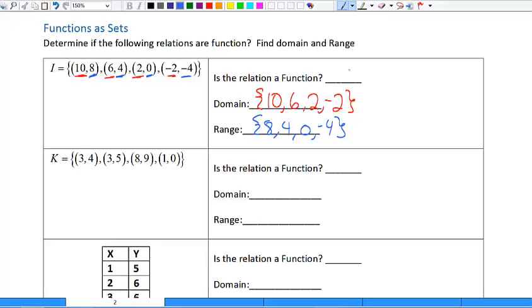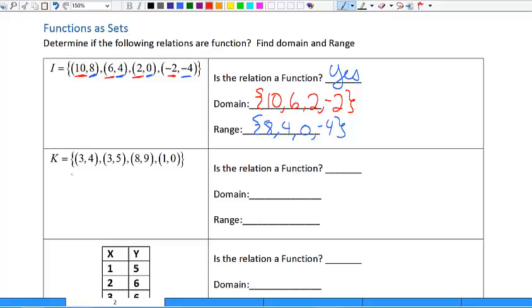And then to answer the question, is this relation a function? I have to decide, are any of the red x values ever mapped to more than one y value? Well, since the red x values don't repeat at all, you know that two x values can't be going to two different y values.